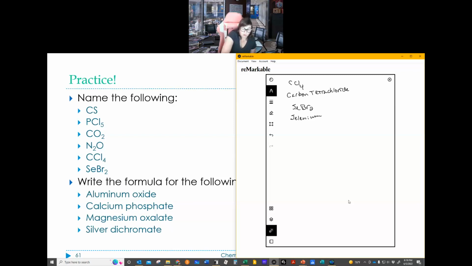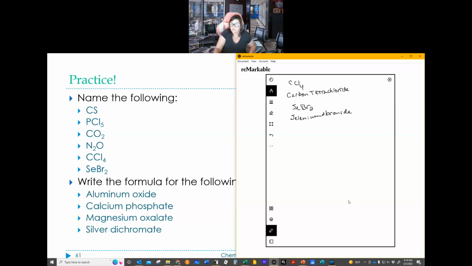So Se is selenium. Br is bromine, which I changed to bromide. But there are 2 of them, so it's dibromide. Okay? And again, that's a nonmetal to nonmetal, so I have to list how many of each there is.